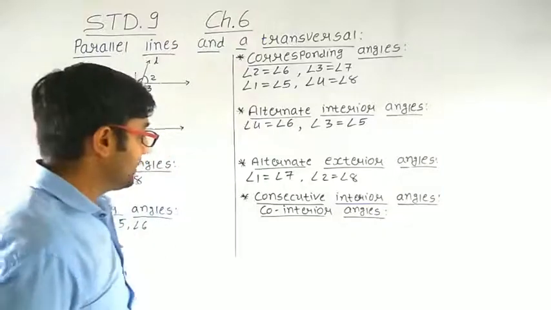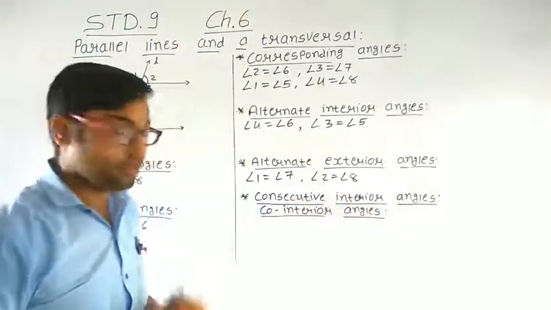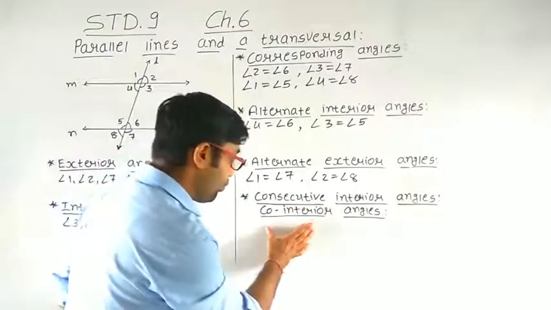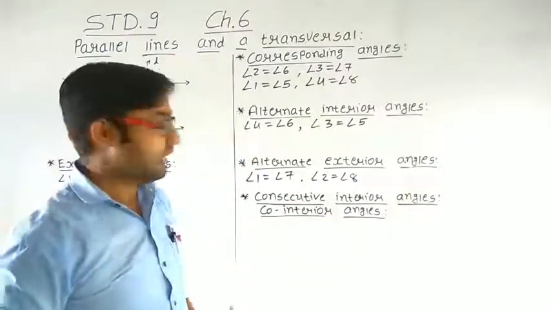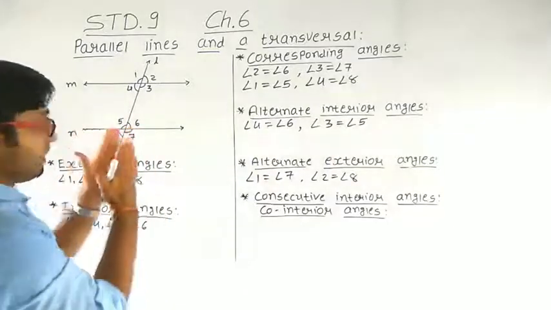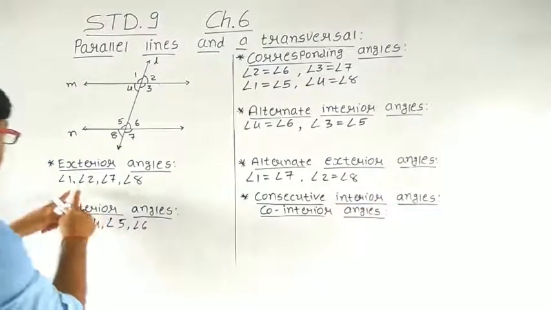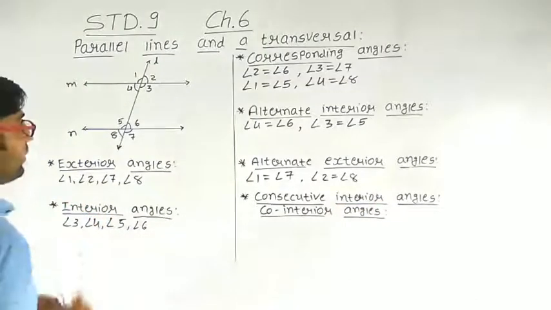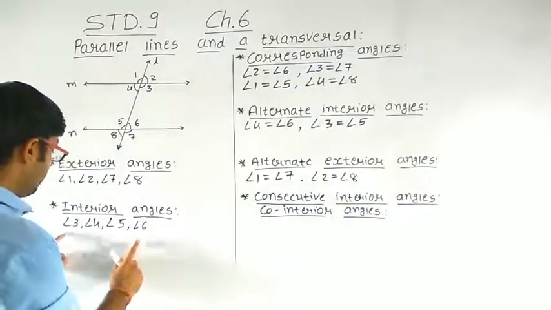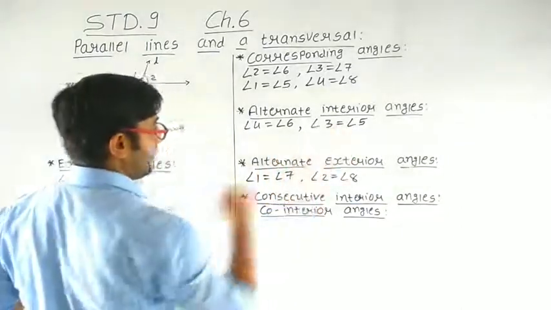Okay, now let us see the next type, that is consecutive interior angles, or we can say the co-interior angles, right? These angles are interior, that means we have to consider only 3, 4, 5 and 6. Out of this, 3 and 5 are called the alternate interior angles.